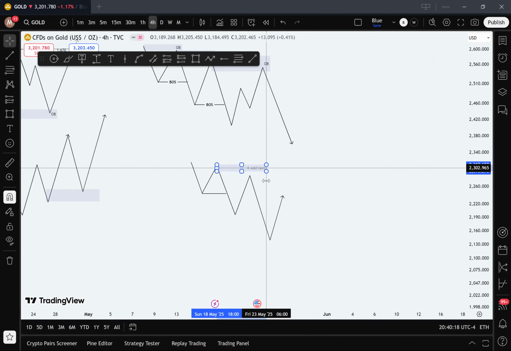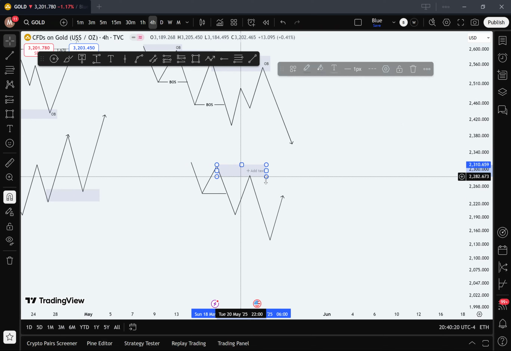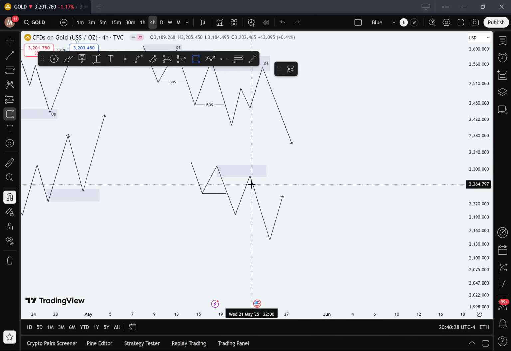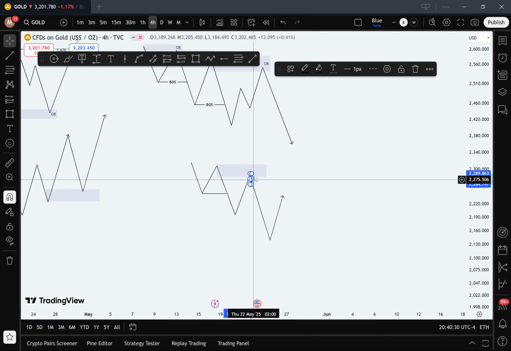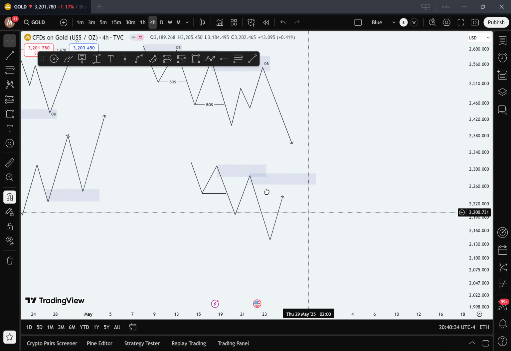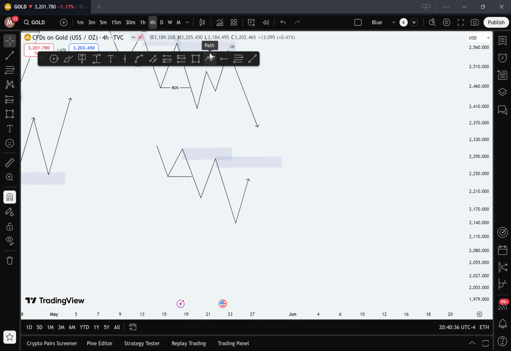When price comes back to it, it is expected to hold price and then move price lower. There's always another block in a specific move. Price reacting to it is different, but there's always another block in the specific move.